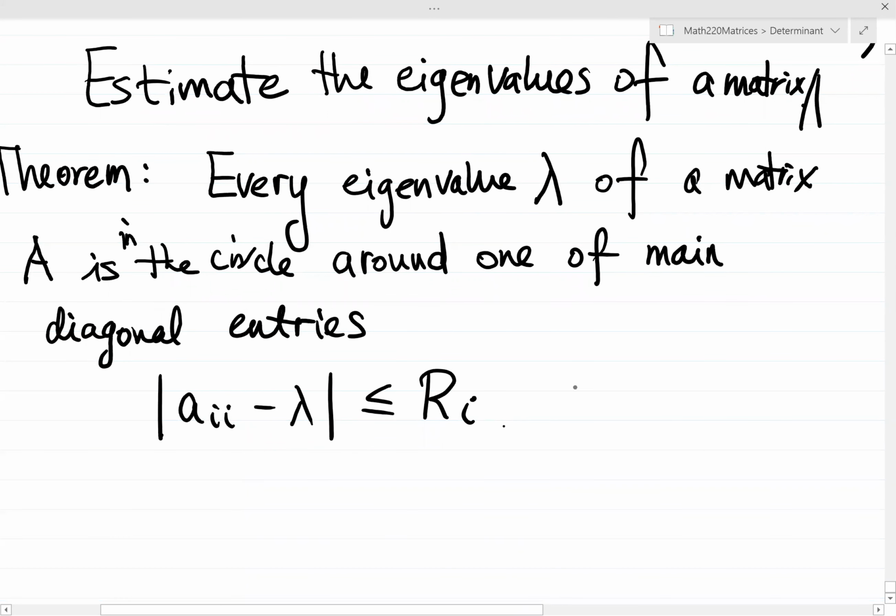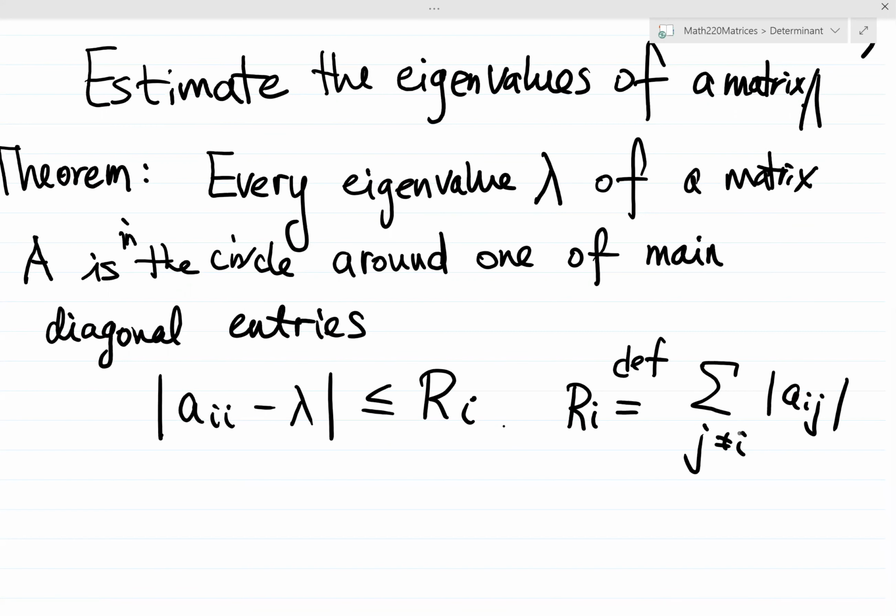Here the radius R_i is defined as the sum of the off-diagonal terms, the sum over j not equal to i. Here i is fixed, j ranges from 1 to n with j not equal to i, so it's an n by n matrix.